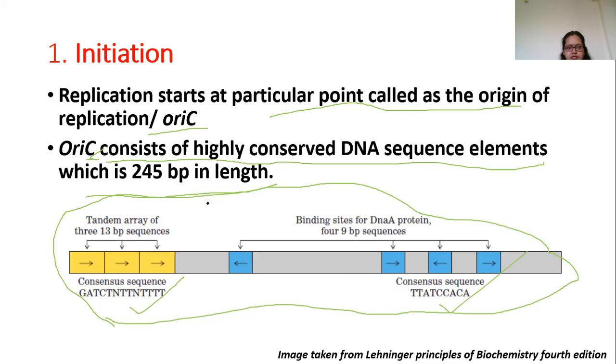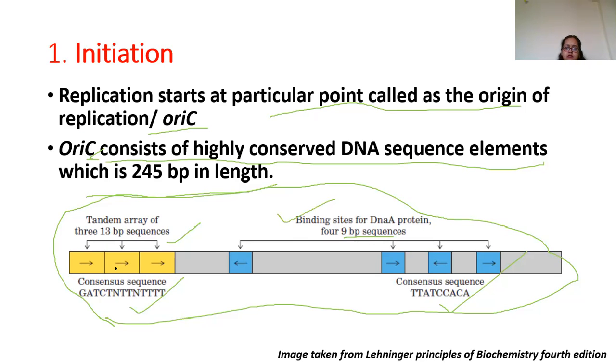The first tandem array consists of three 13 base pair sequences, while the second consists of four 9 base pair sequences. The blue color shows the four 9 base pair repeats in the origin of replication, and these four 9 base pair sequences provide the binding site for the DnaA protein.